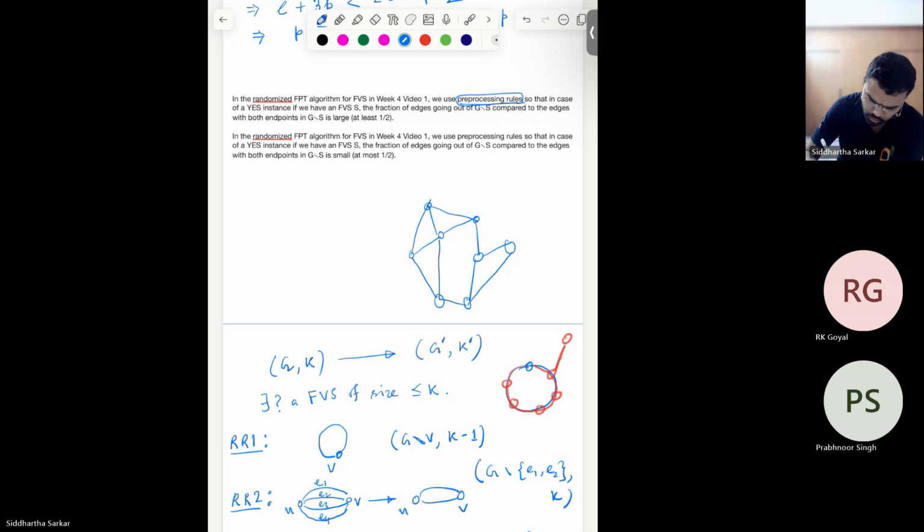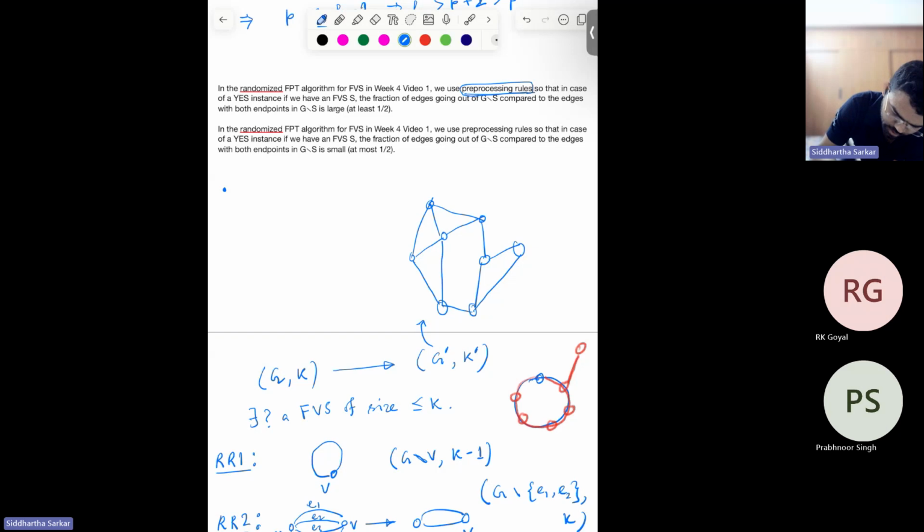So now what you do on G dash, you pick an edge uniformly at random. So that is the step. So pick an edge uniformly at random. It is generally abbreviated as UAR. That is, if there are k edges, then the probability of picking any edge is 1 by k.